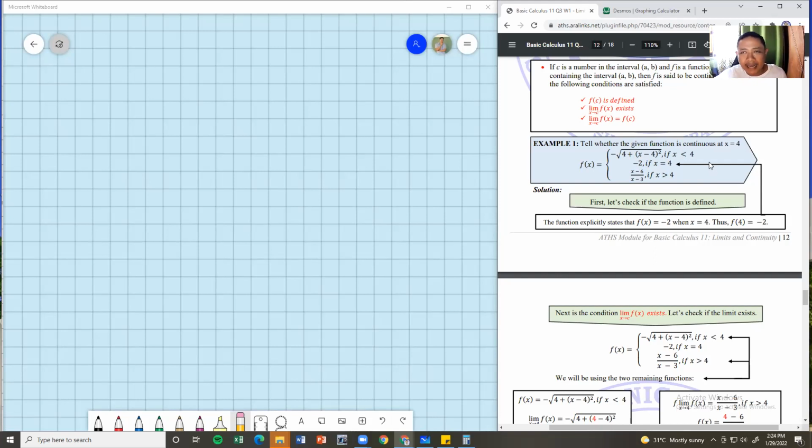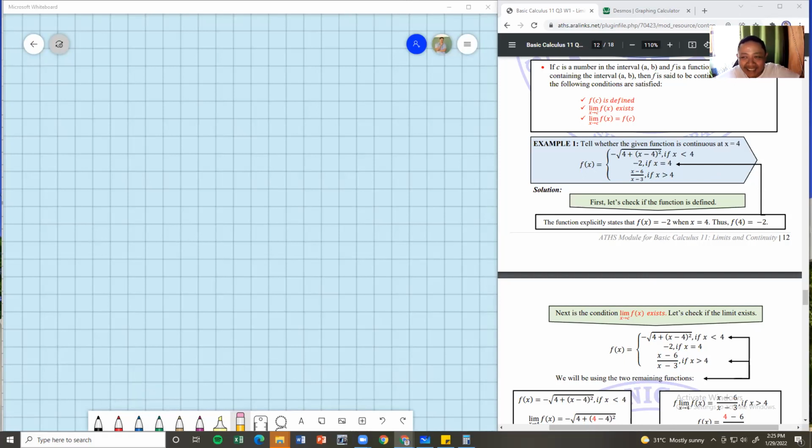GenMath tayo, GenMath. Anong tawag dun sa may mga putol-putol na given ng functions? Sige nga. Do you still remember that in general mathematics? Wait, sir. O, sige, iniisip.